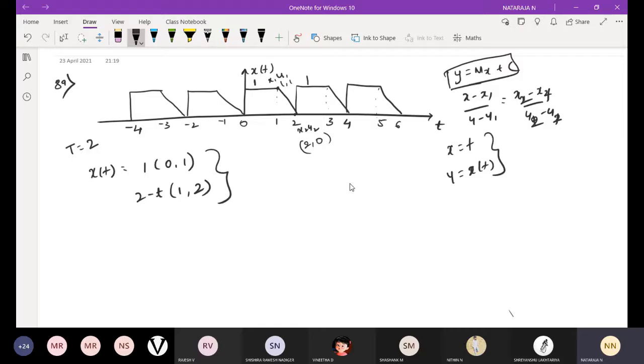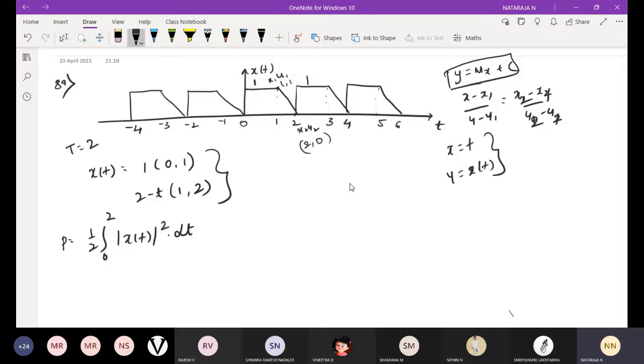And you have to find the power for this signal. P is equal to 1 by 2 integral from 0 to 2 of magnitude of x of t whole square into dt. Here x of t will be two different signals. From 0 to 1 we have an amplitude 1. From 1 to 2 we have 2 minus t.